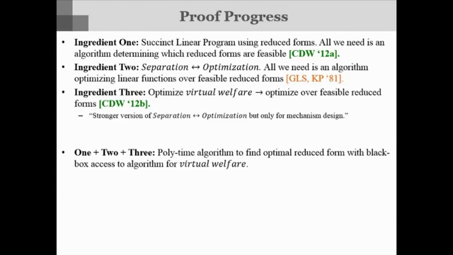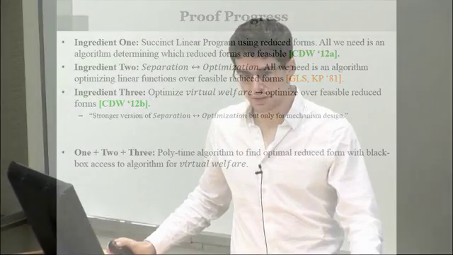Okay. So the second ingredient, which was not our contribution, is the equivalence of separation and optimization, which says that if you have an optimization algorithm for this region, then you can get a separation oracle. So all we need to do is be able to optimize over this region.